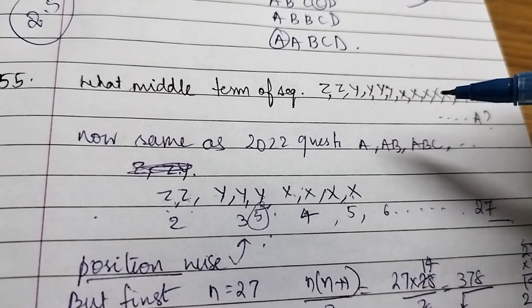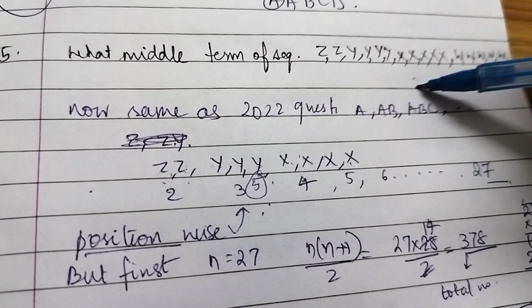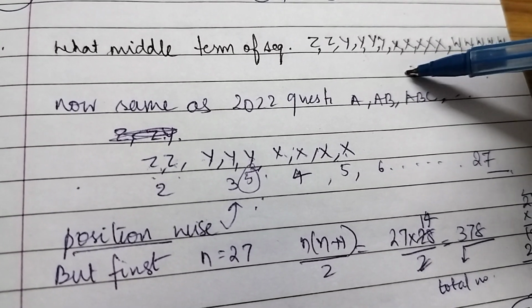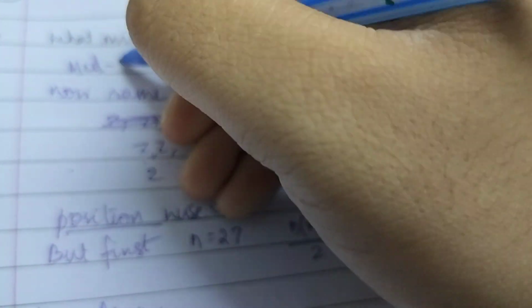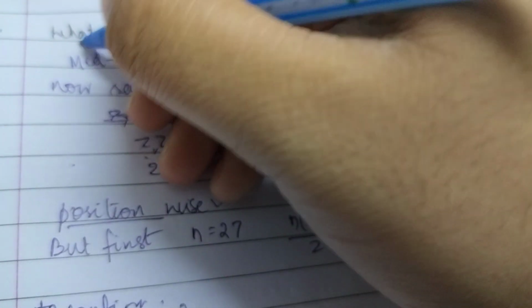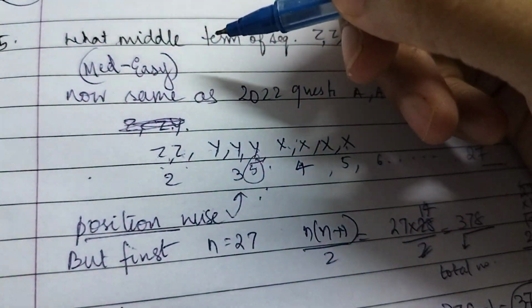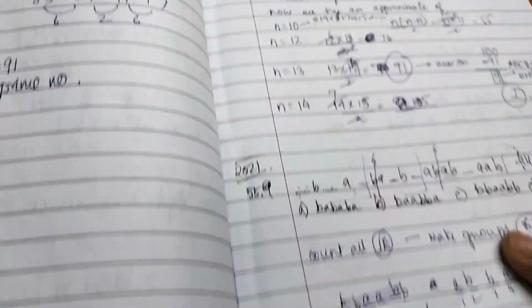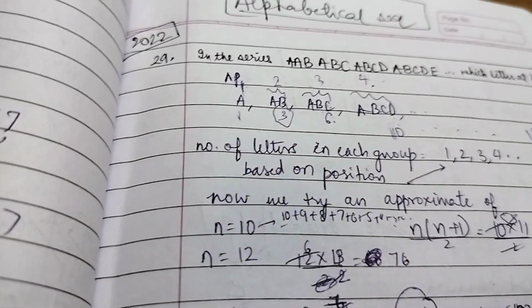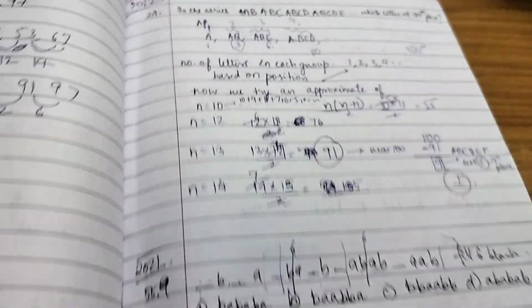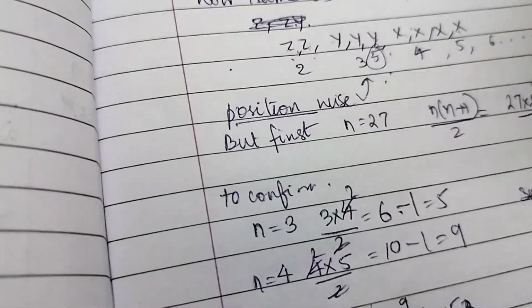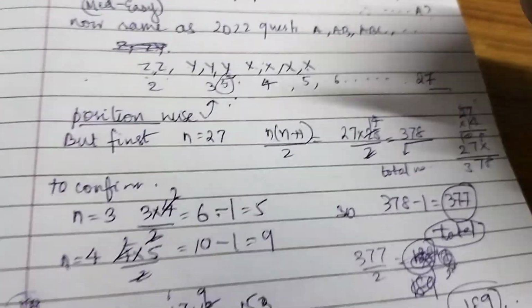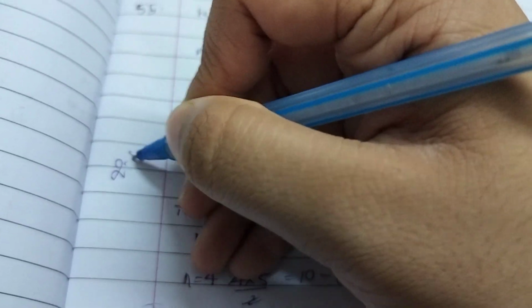It would be a relatively hard question, but I would consider this as medium level to easy. Why easy here? Because as you can see, in 2022 the same kind of question was asked. Now if you have done your PYQs properly, you'll be easily able to solve this question. Easy, 2.5 marks.